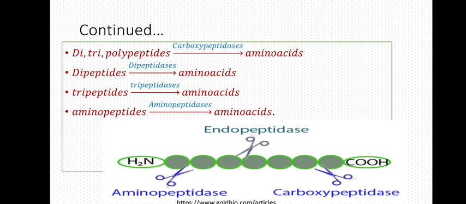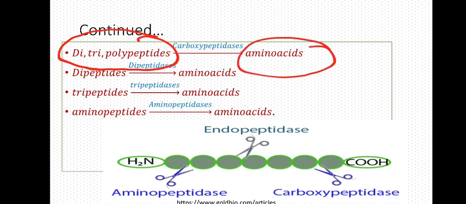And that work will be done by the carboxypeptidases, A and B. Carboxypeptidase will act on these di, tri and polypeptides and convert them into amino acids, the simple monomeric units of proteins.